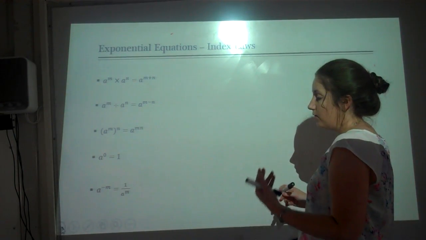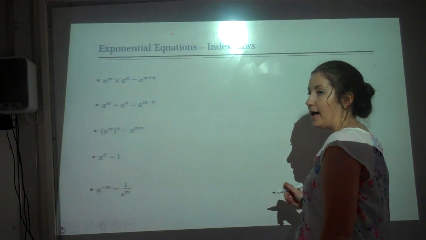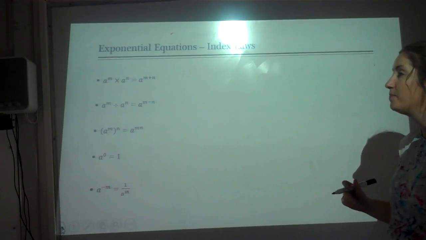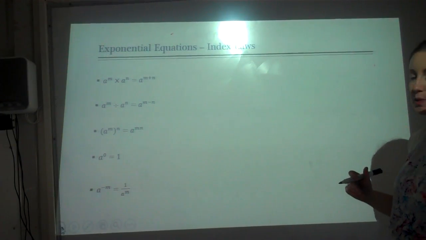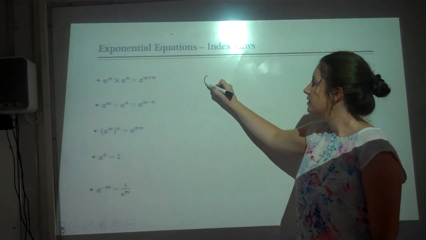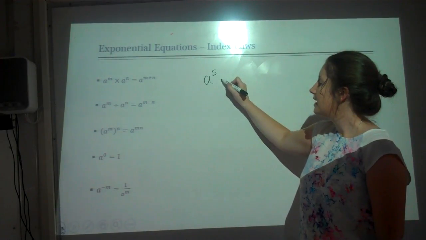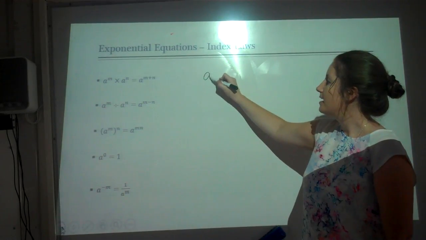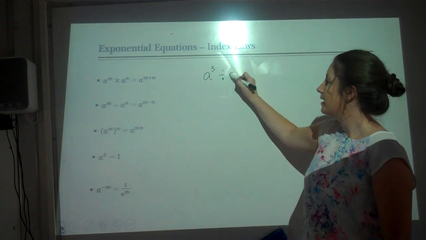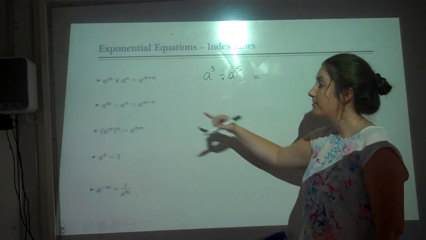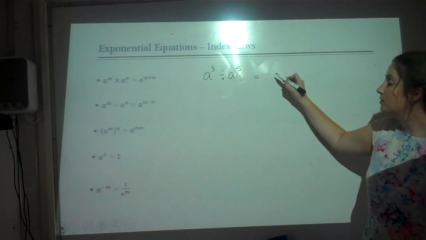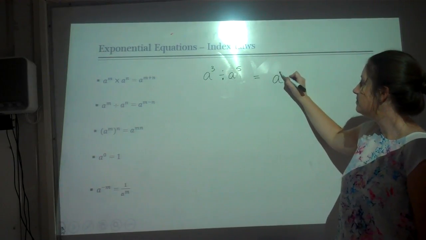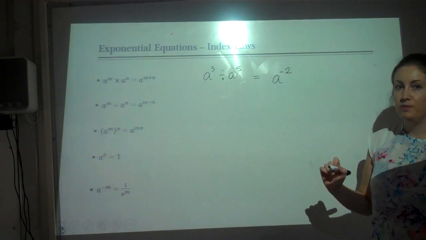So if I start off with a situation, and probably in this case it's easier to show it in a specific example. So let's say, let me make a smaller number actually. Let's say a cubed divided by a to the power of 5. If I use the second index law, subtracting the powers, 3 minus 5 gives me negative 2.